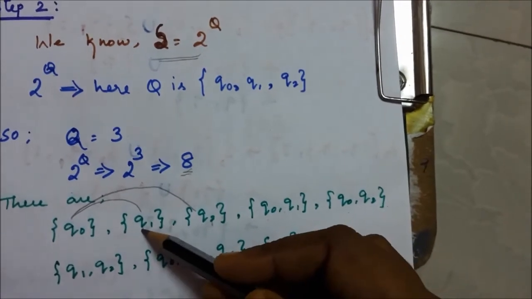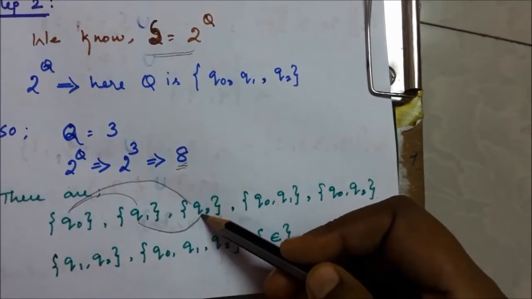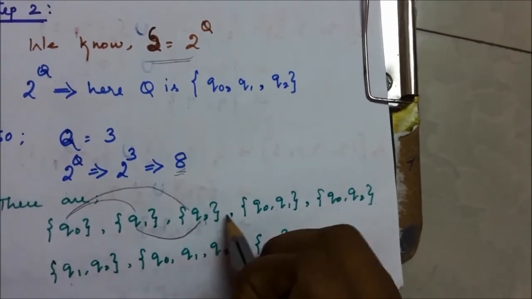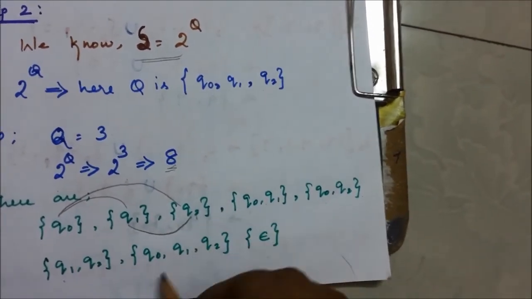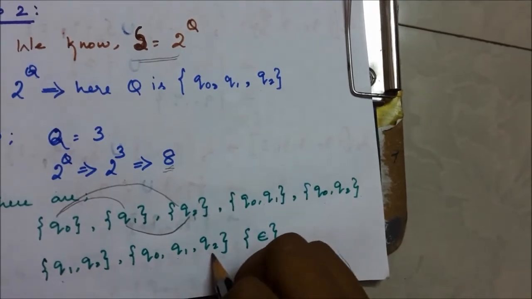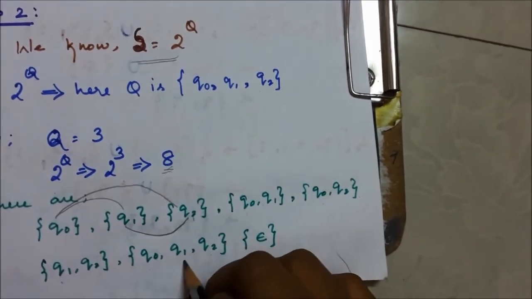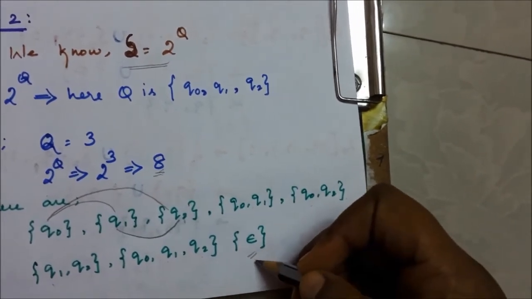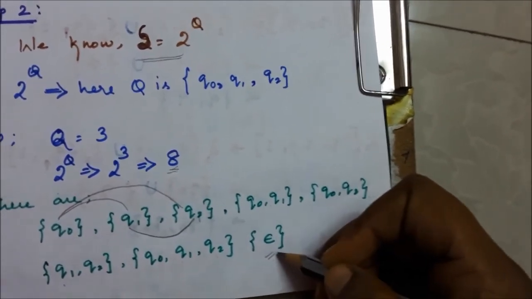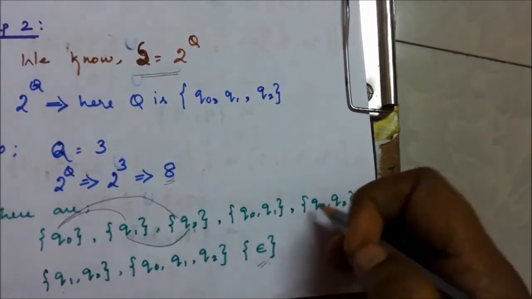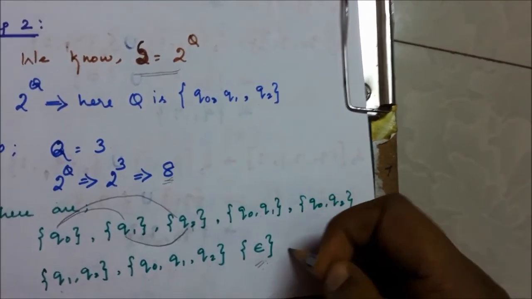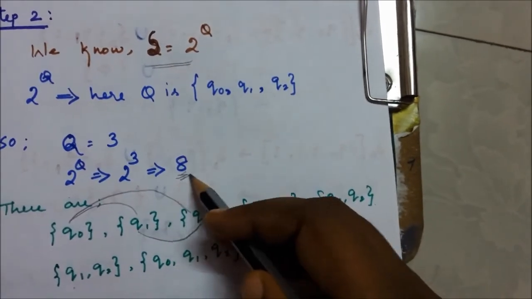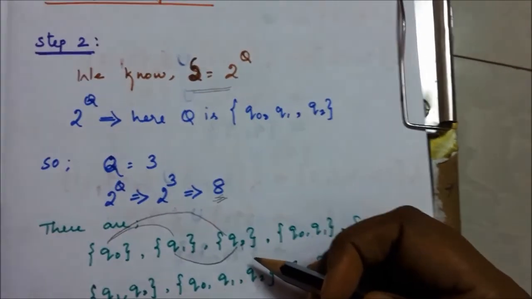Then again we can have the combination of Q1 and Q2, and the combination of all three together, Q0, Q1 and Q2. So here the number of states is 7, and the default state we have for every NFA diagram is the epsilon state. By adding all together you will get 8 states. So we complete our step 2.